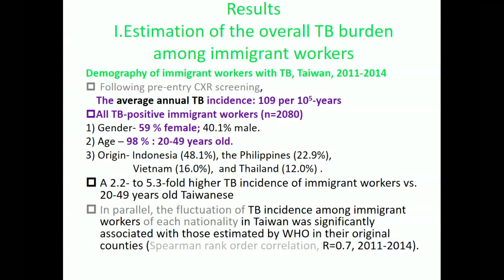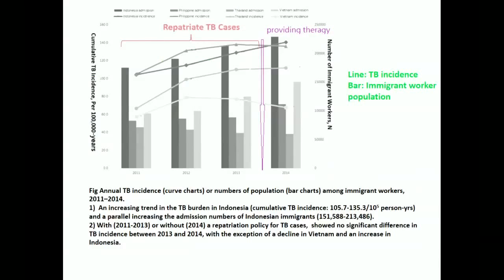In parallel, the fluctuation of TB incidence among immigrant workers of each nationality in Taiwan was significantly positively associated with the WHO estimates in their original countries.